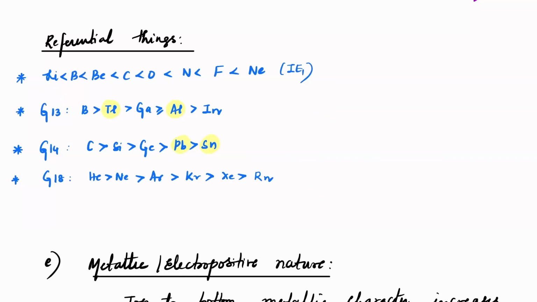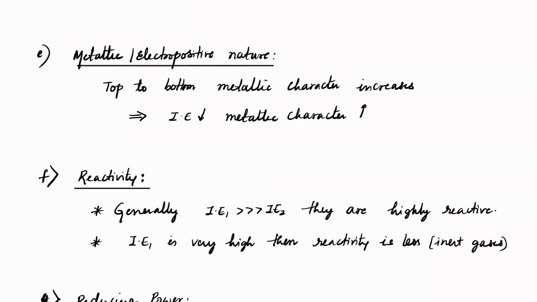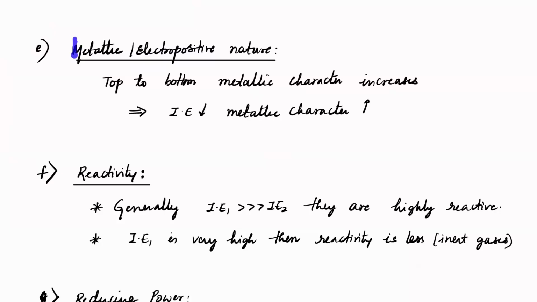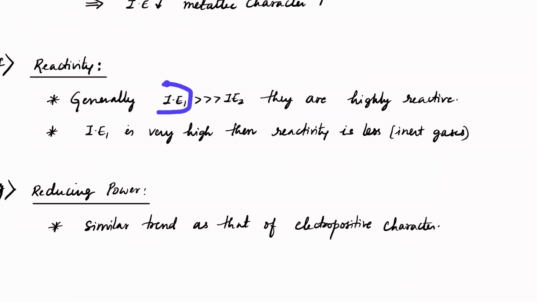Now let's see the other applications, continued applications of ionization. First, metallic or electropositive nature. I just told you that down the group metallic character increases, as the ionization decreases. Reactivity also: if ionization 1 is far lower than ionization 2, then they are highly reactive.